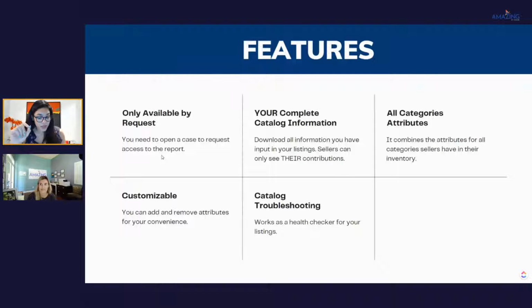And this is funny because sometimes when you are not the owner of the listing, or you don't own those contribution rights, some information that you get in this category listing report could be different from the information that is in the front end. So you downloaded your report and you see that your title is ABC. That's the title that you want to have on this ASIN.